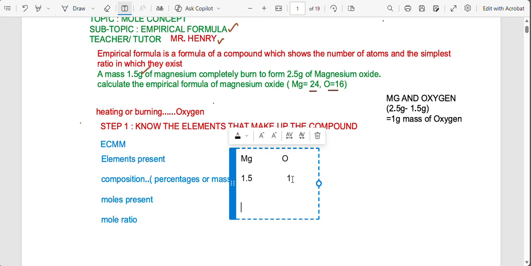So you will simply do this. You will come here below. Below magnesium, we are on the line of moles present. What do we do under moles present? You get the mass of magnesium, which is 1.5. Then you simply divide it.